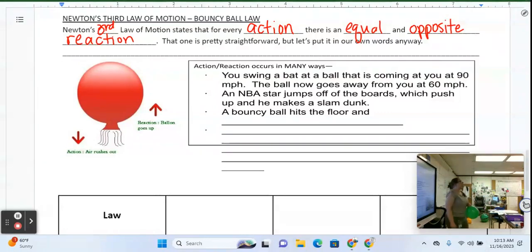That was pretty straightforward. For every action, there is an equal and opposite reaction.